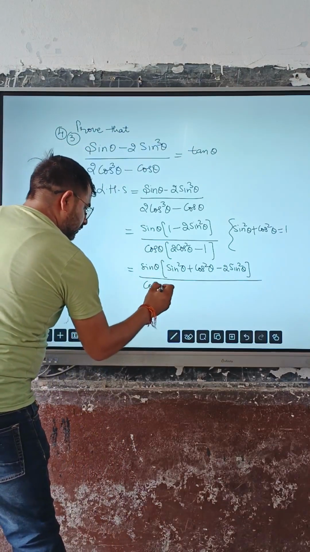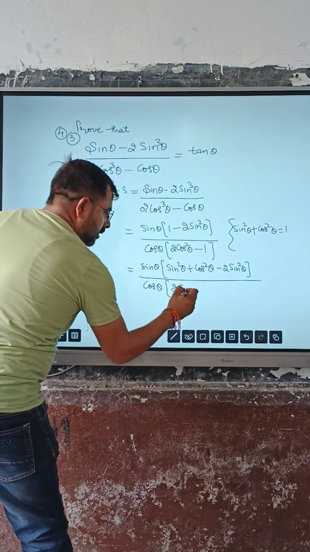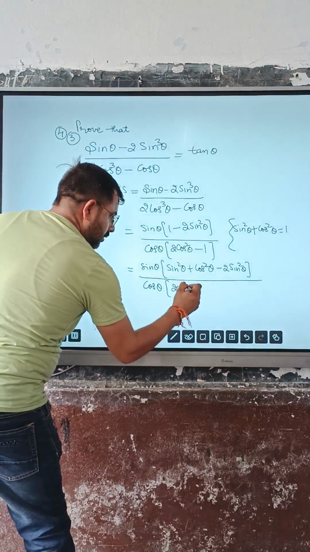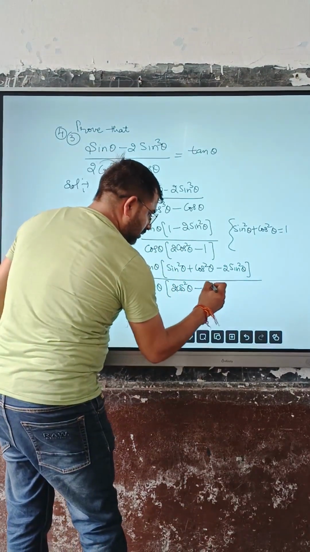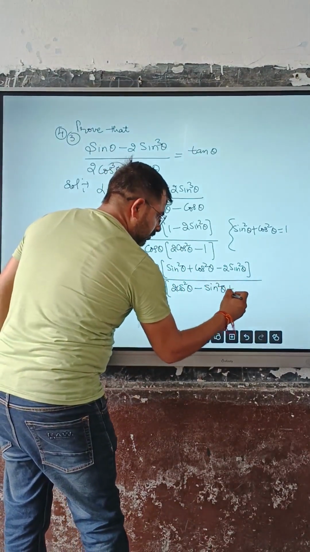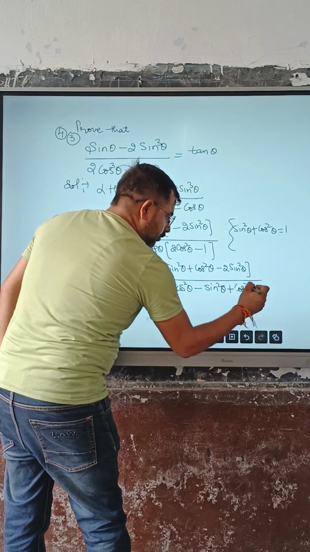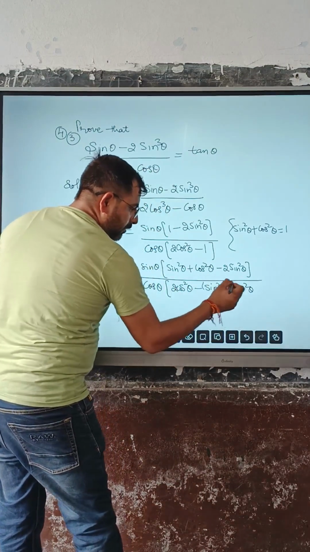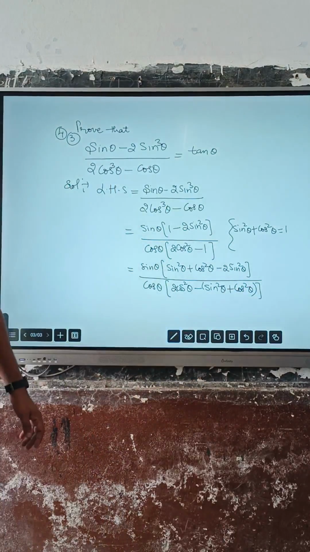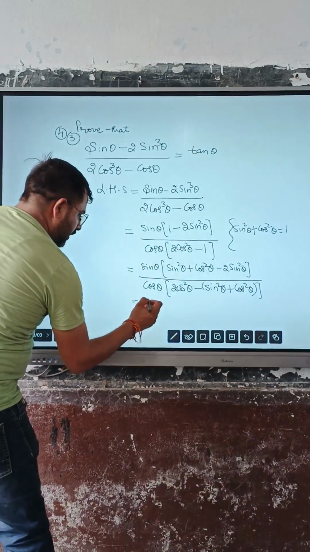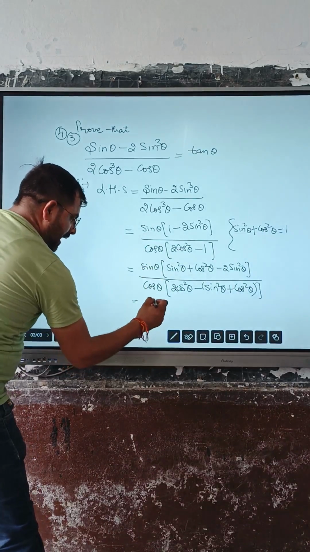Now the same will be done. So 1 as sin square theta plus cos square theta. So 1 here has a negative sign, so we can put it in a bracket. So now on solving, sin upon cos is tan.